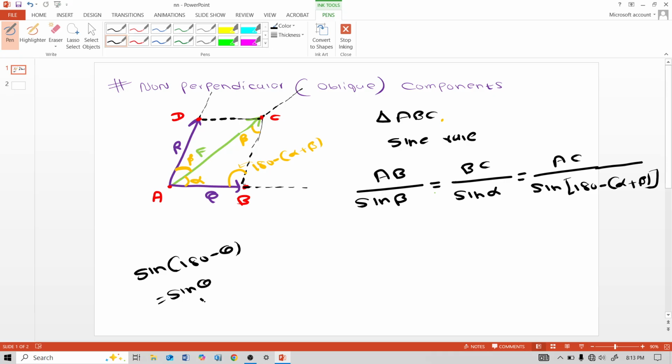So sine of 180 minus (alpha plus beta) is equal to sine of (alpha plus beta). So AB upon sine beta stays as it is, BC upon sine alpha also, and AC upon sine of (alpha plus beta).